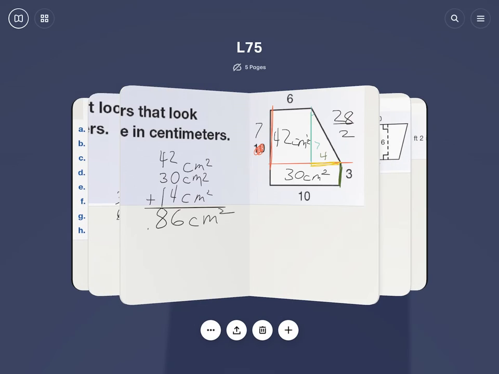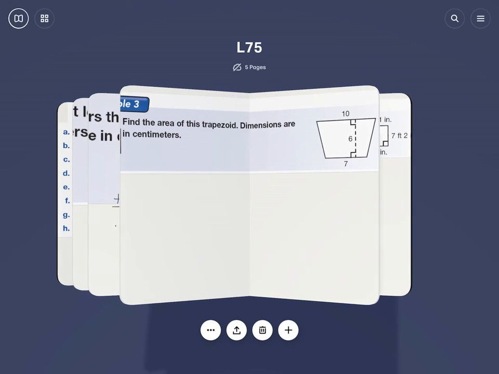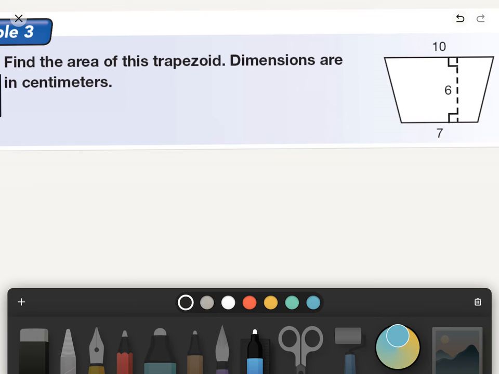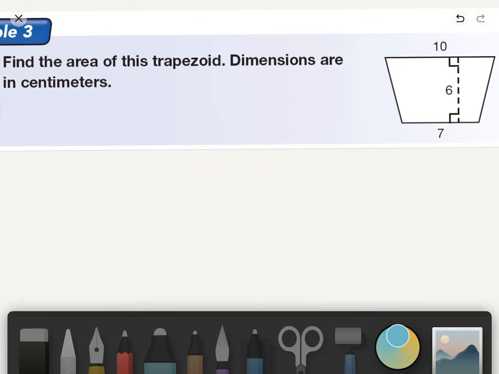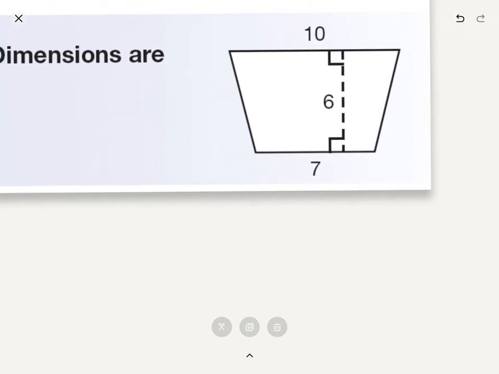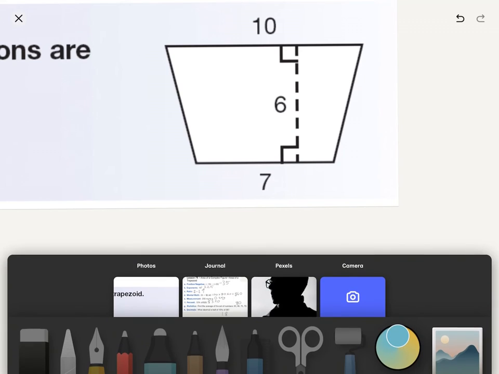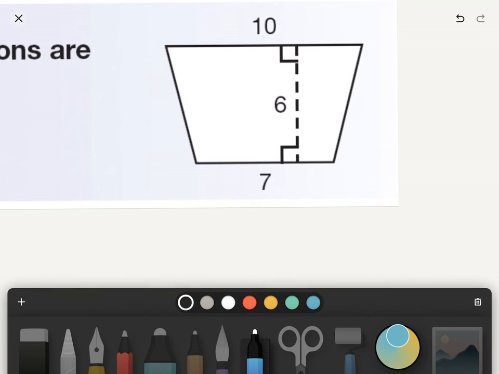Alrighty, moving right along to part 2 of this lesson. Okay, so getting the area of a trapezoid, and I sort of feel like we've already done this. But you've got to remember this one rule.